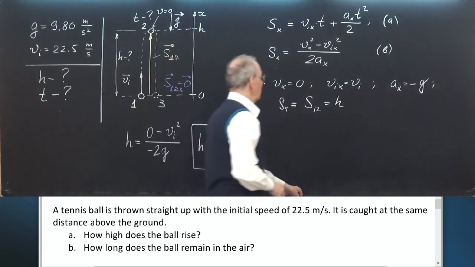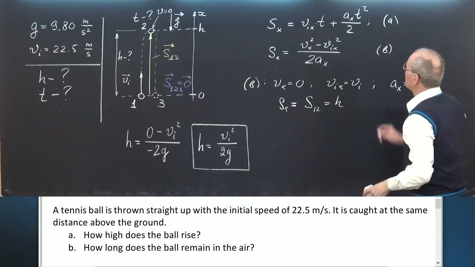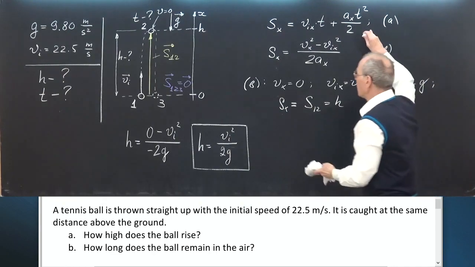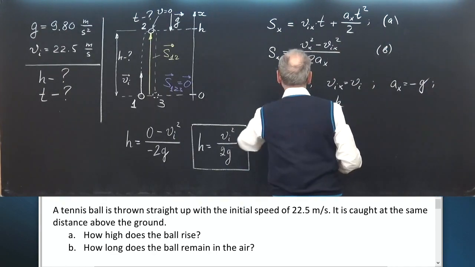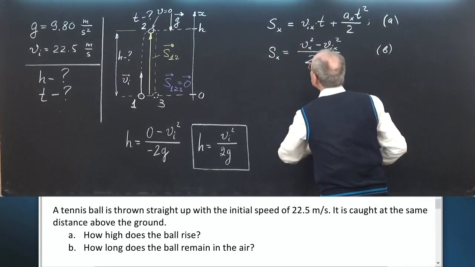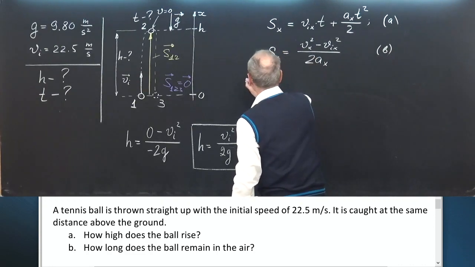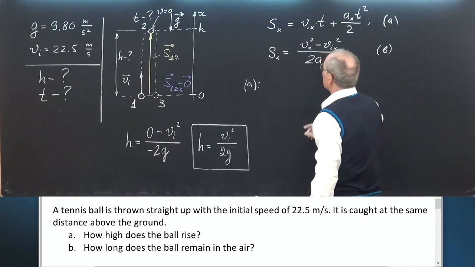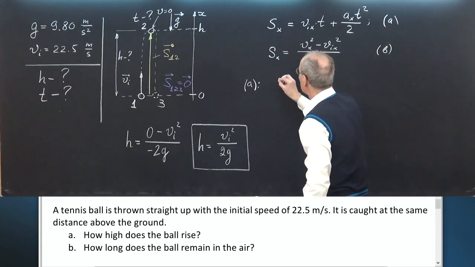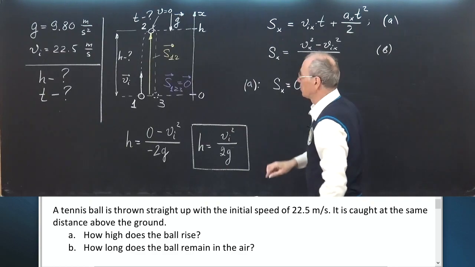And now, since this formula contains t, let's use the formula A. Sx gives 0.